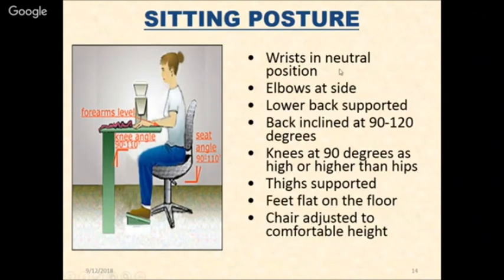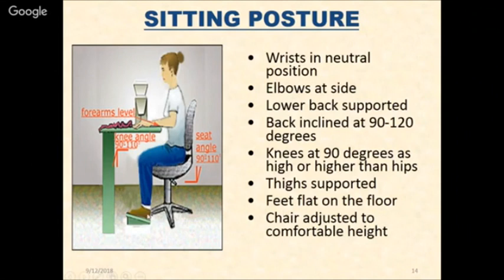So sitting posture: wrist in neutral position, elbow at side, lower back supported. So this chair used to support the back. Back inclined at 90 to 120 degrees. This angle between this and this should be 90 or at the most 120 degrees. Knees at 90 degrees, as high or higher than hips. Thighs should be supported, meaning the thigh should get good support while sitting on the chair.